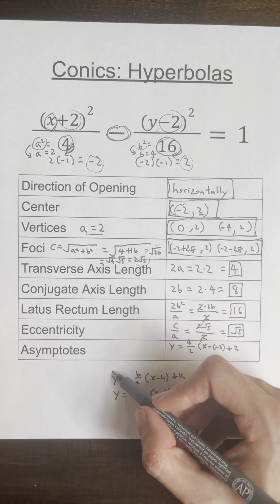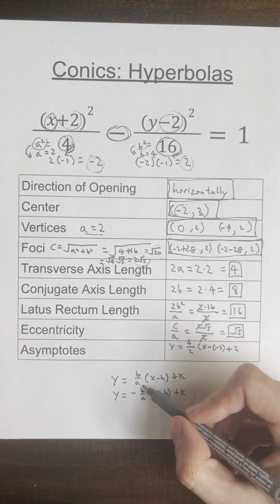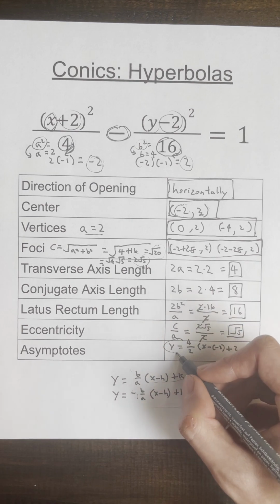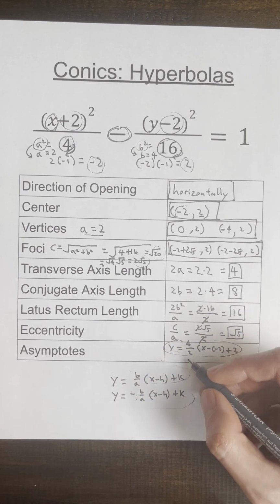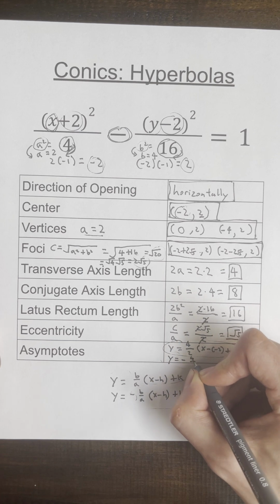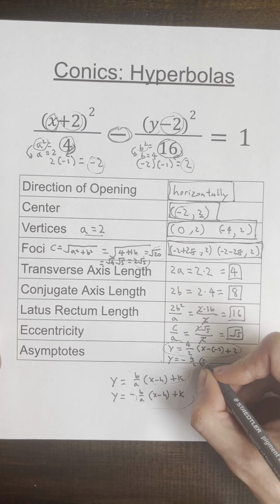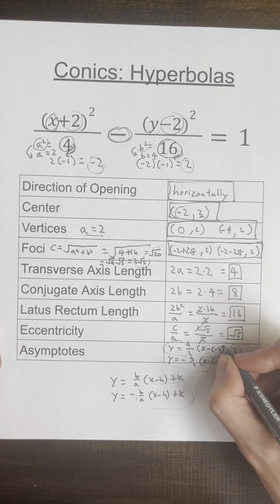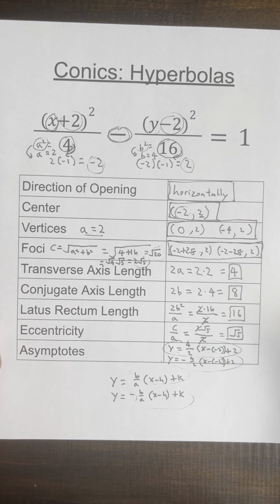And then you'll notice that to go from here to here, the only thing that's different is the minus sign. So we're just going to tack a minus sign in front. Y equals -4 over 2, x minus -2 plus 2. Oops, I forgot a parenthesis.